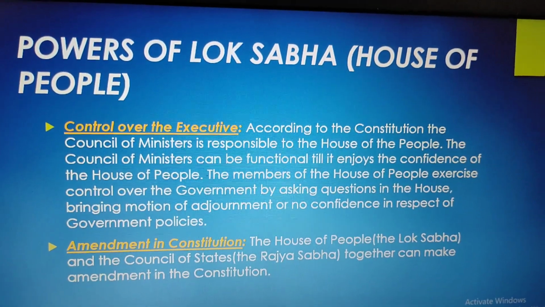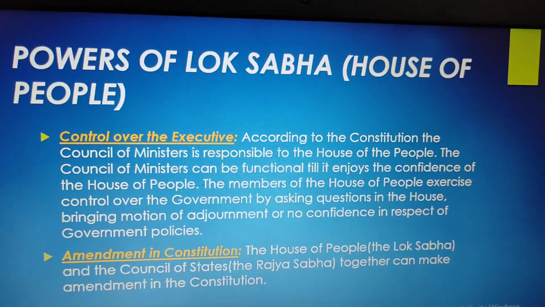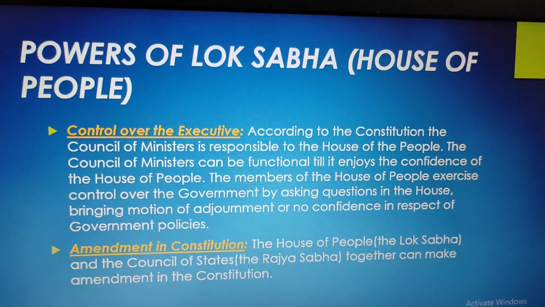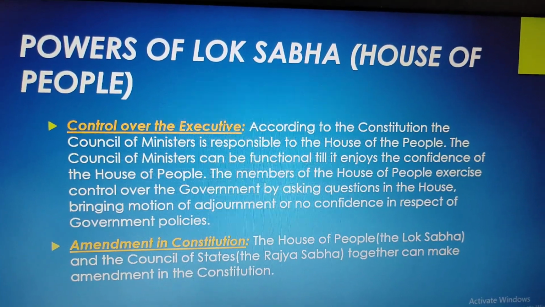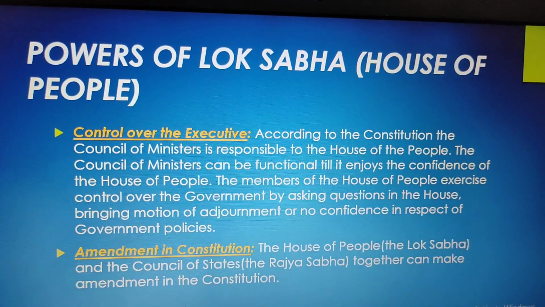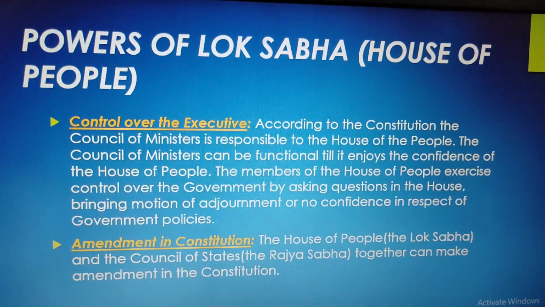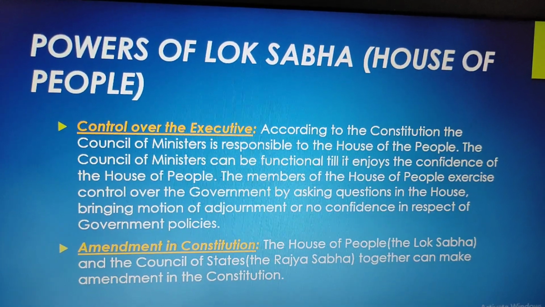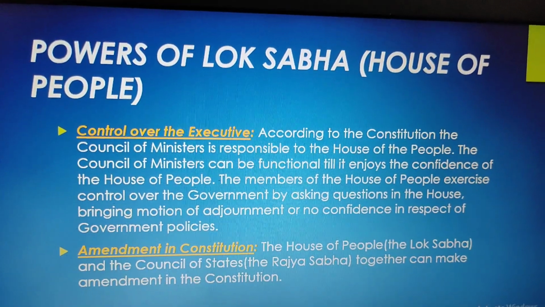The members of the House of People exercise control over the government by asking questions in the House. Why do they ask questions? Because they have the right to, because they have voted for them. And if they are not satisfied, they will not be in favor of them, and ultimately they'll have to step down.